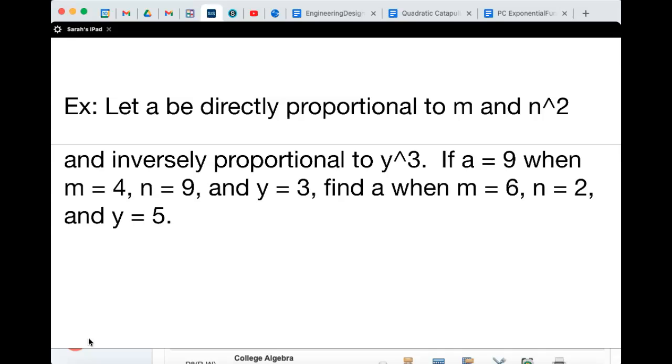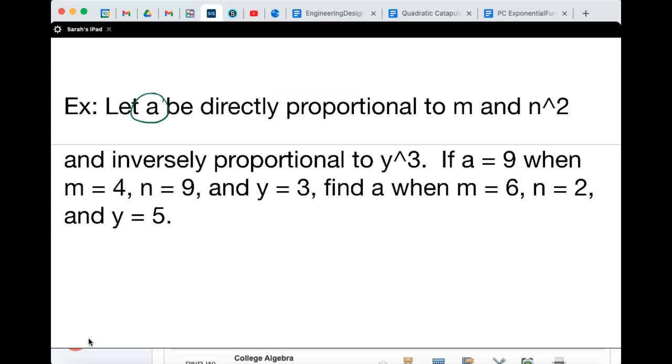Okay, so what's my variation equation with all the variables in it? Well, we're starting with A, right?